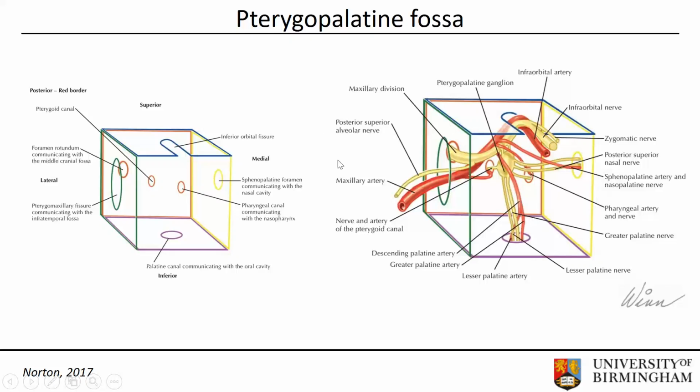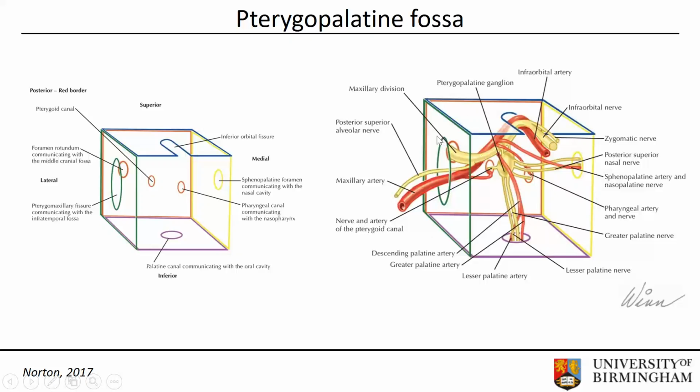For instance, this one, the red one, is the posterior wall, and we know that the maxillary nerve exits the middle cranial cavity through the foramen rotundum. So here we have the foramen rotundum, and the same here, the posterior wall.